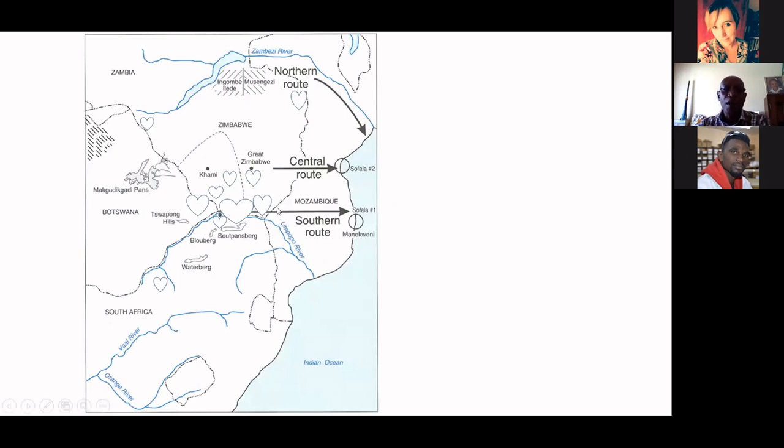I have really been working there for a number of years now with a number of colleagues, and the wealth of archaeological resources in the Shashi-Limpopo Basin is indeed amazing.